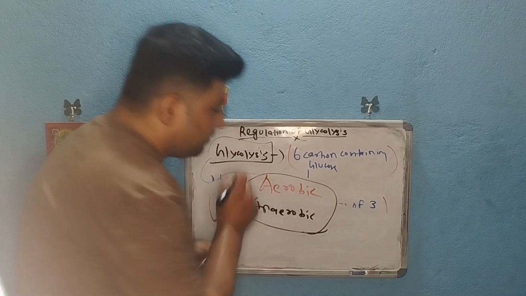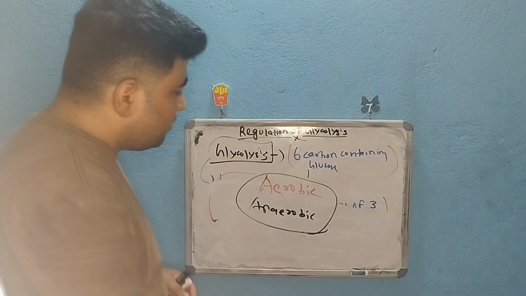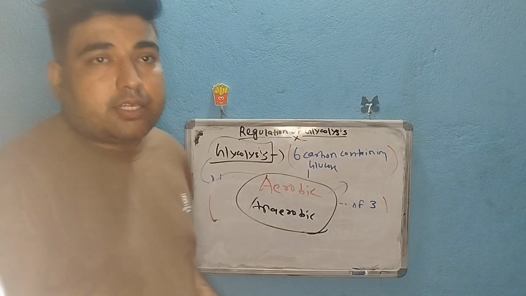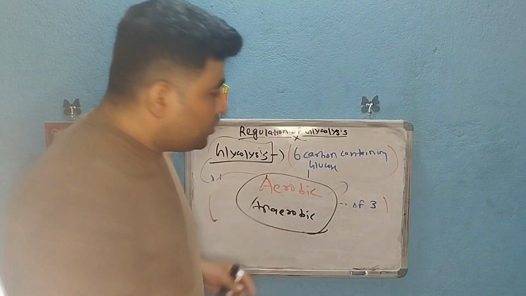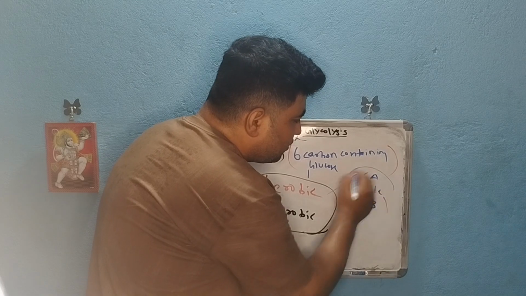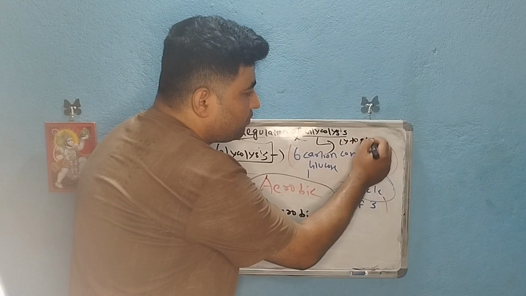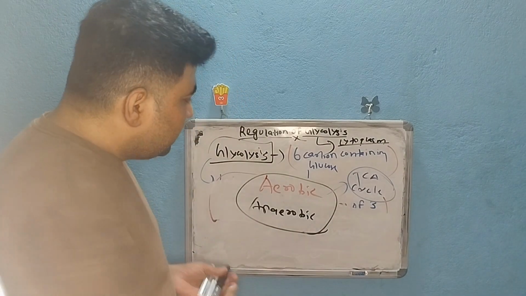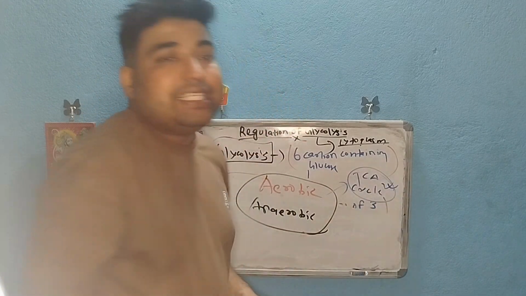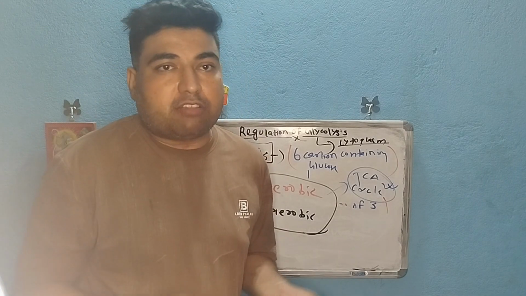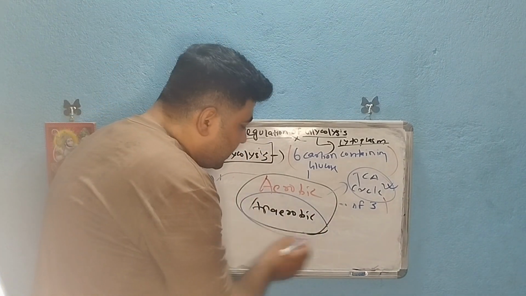After pyruvate is formed from the glycolytic pathway, during aerobic respiration the fate of pyruvate is the TCA cycle. Glycolysis happens in the cytoplasm, and in the presence of oxygen pyruvate enters the mitochondria and undergoes the TCA cycle, or citric acid cycle, which is an amphibolic pathway.